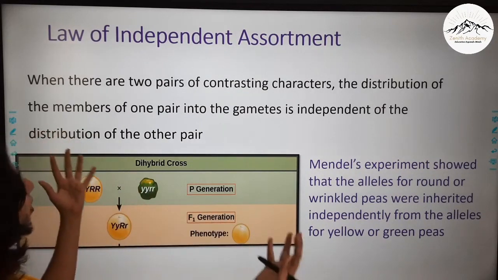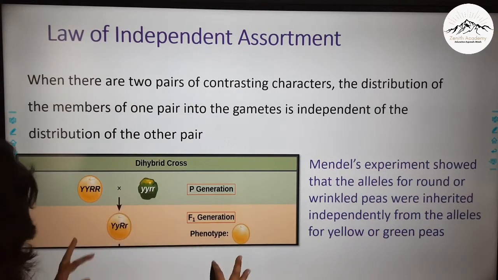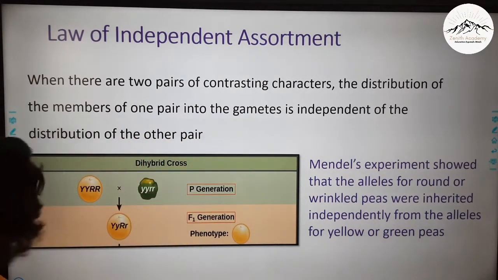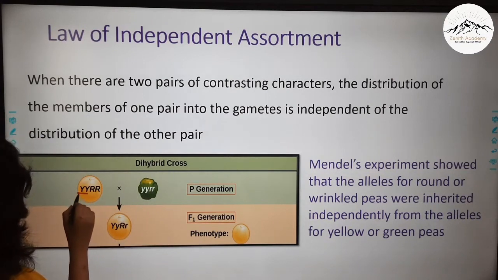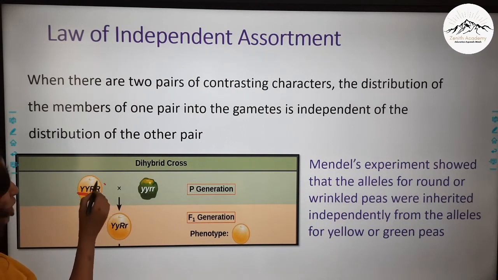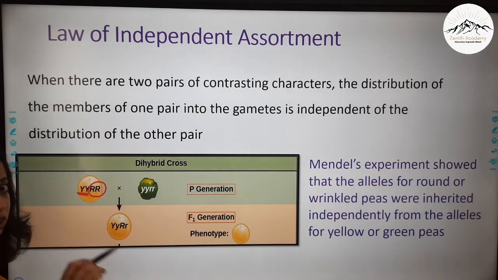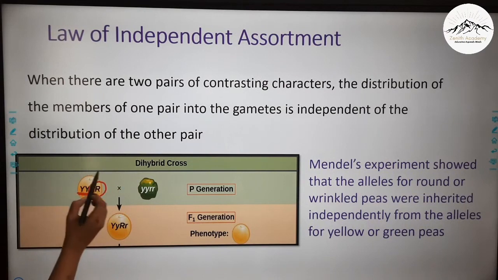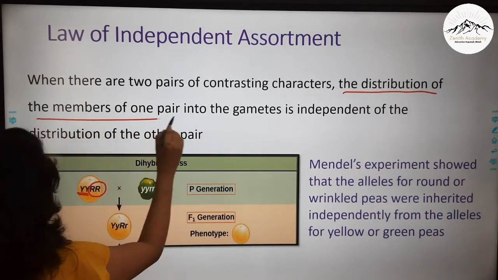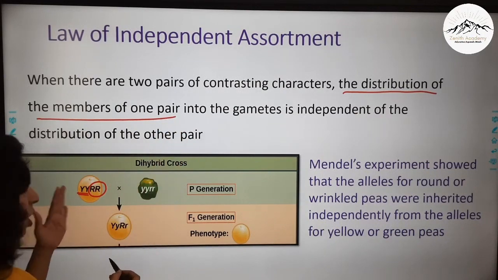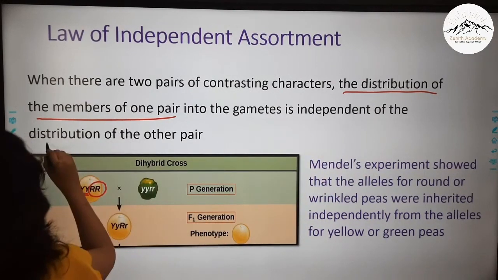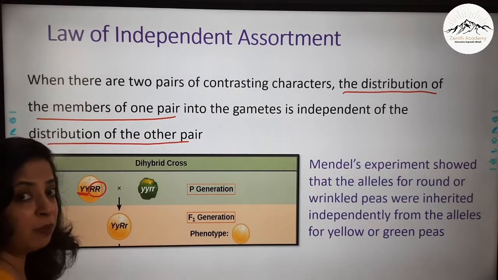So when there are two pairs of contrasting characters, the distribution of members of one pair into the gametes is independent of the distribution of the other pair. So when you are exchanging the yellow, the color, then the shape does not interfere. The distribution of the members of one pair, the color, into the gametes is independent of the distribution of the other pair, which can be shape.